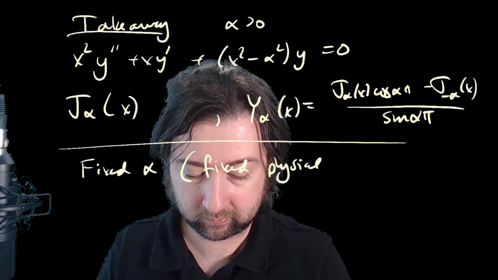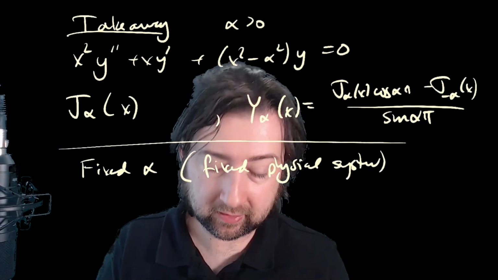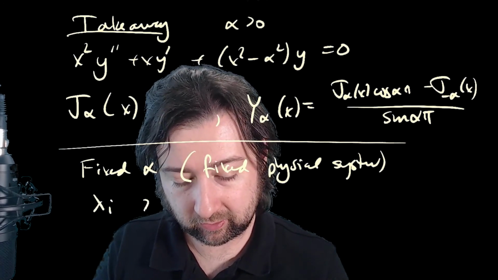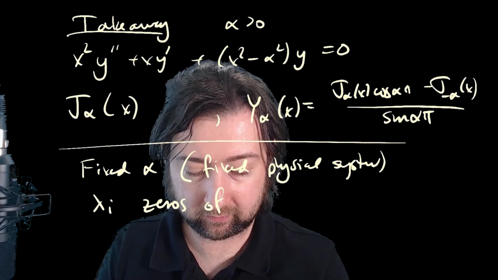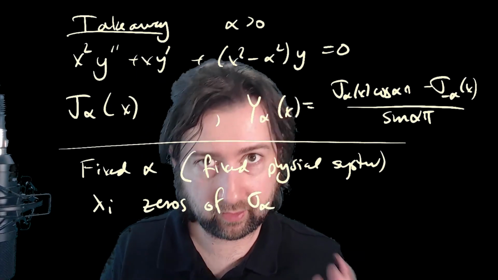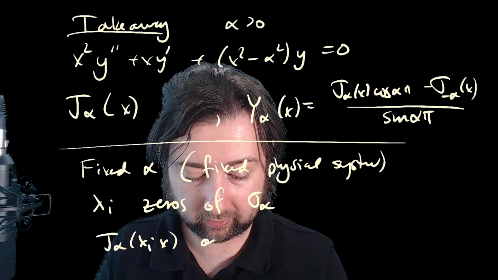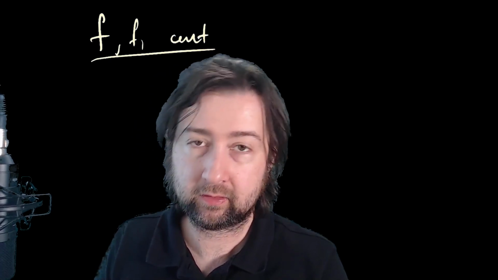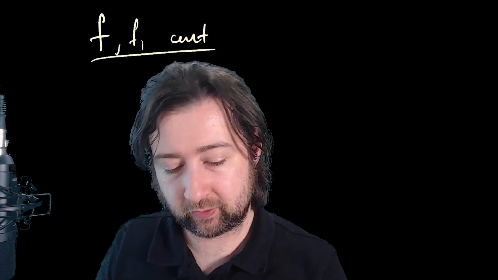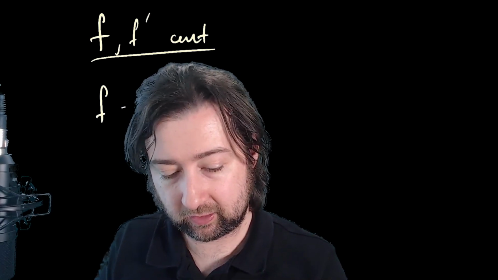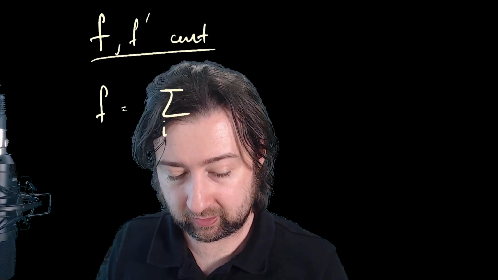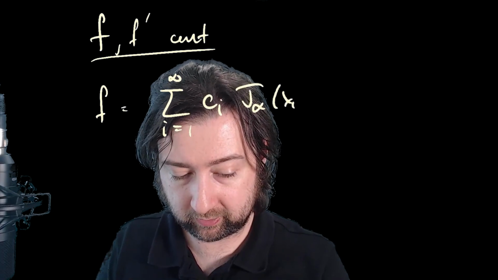it's the case that if the lambda i's are the zeros of j alpha, then j alpha of lambda i x is an orthogonal family, and that any f that you write down that has the property that f and f prime are continuous, you can write a Bessel function expansion for that, which is to say that f is equal to the sum from i equals 1 to infinity of ci times j alpha lambda i x.